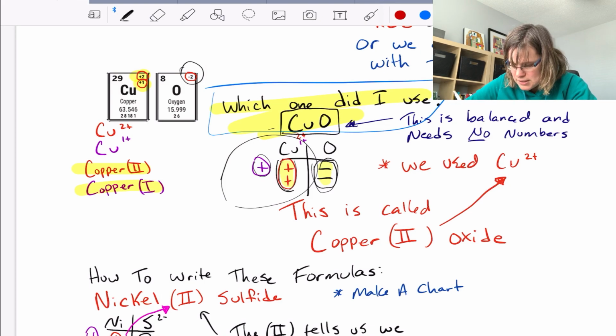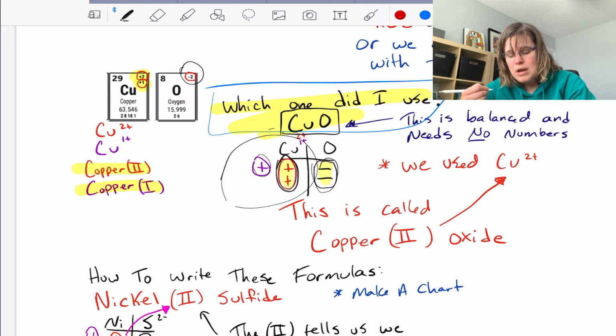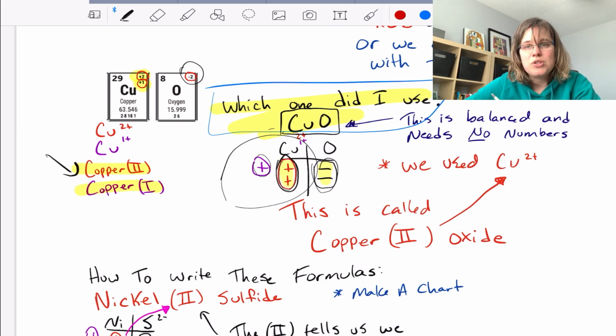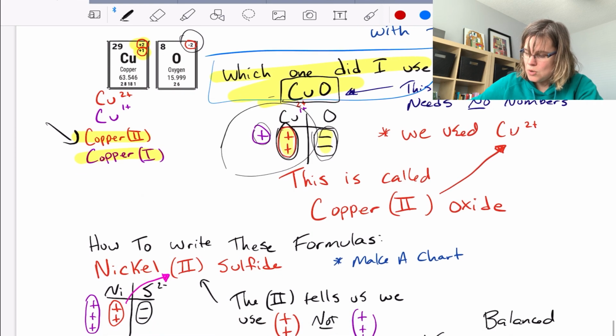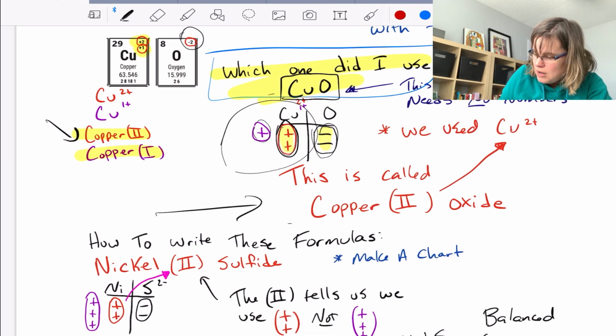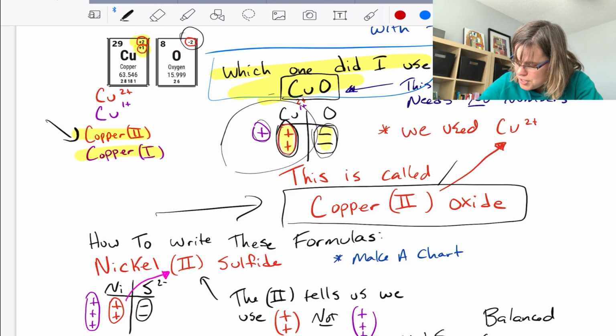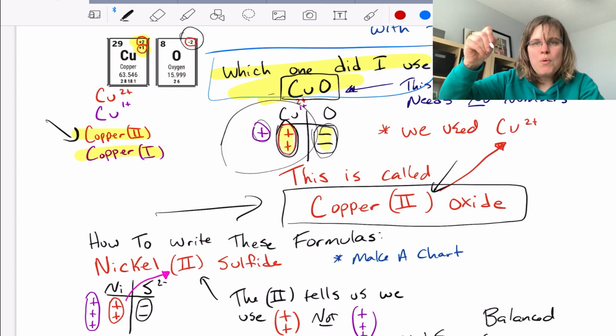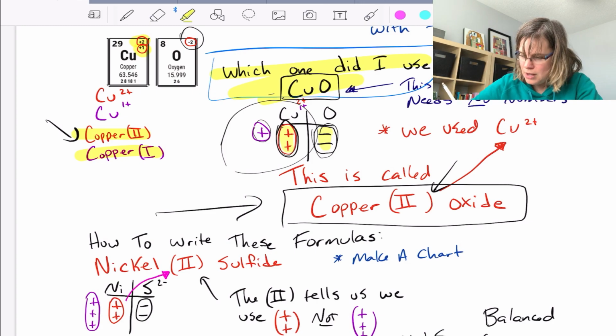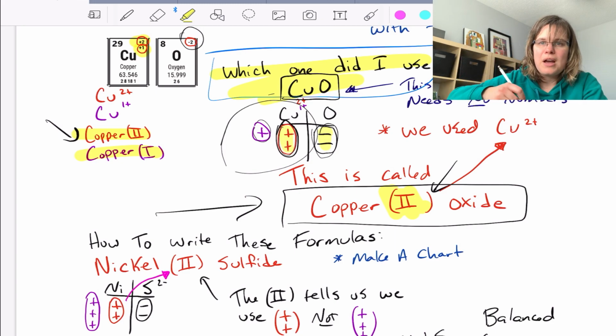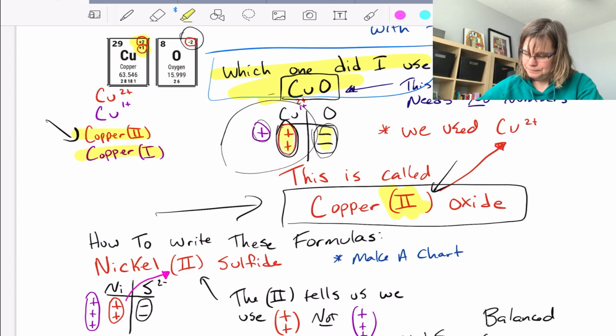Well, obviously the 2 plus balanced the 2, and so I had to use copper 2, not copper 1. So when you name it copper 2 oxide, you specify with this Roman numeral which type of copper you bought. You always put the Roman numeral in the middle, right between the metal and the nonmetal. It doesn't go in the front, it always goes in the middle.